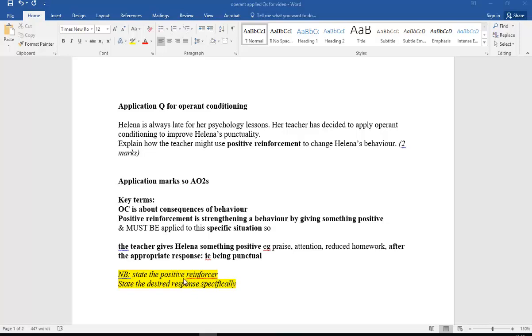Okay, what is the positive reinforcer? And always state the desired response very specifically. So the desired response here, the bit you want to strengthen, is her being punctual. And how is he doing that? What is his positive reinforcement? It is giving her praise or attention in order to get that desired response, and that is the positive reinforcer.